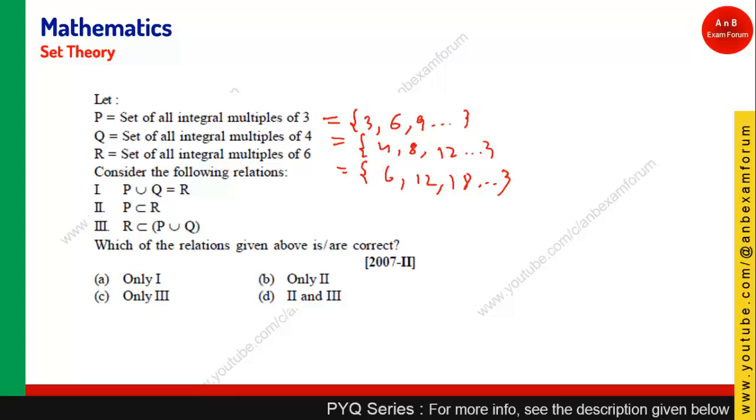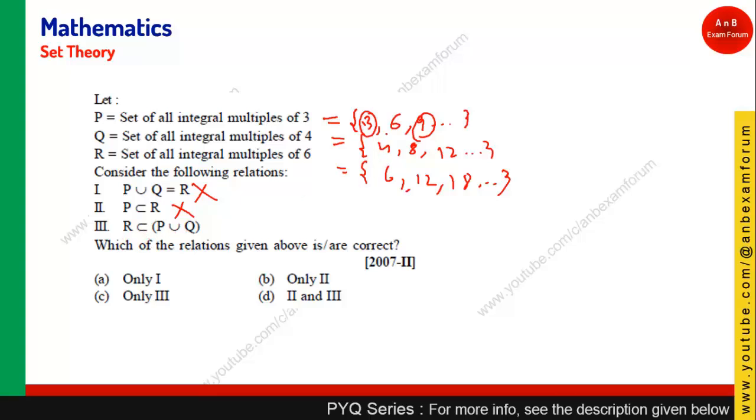Why? Because 3 and 4 are not present in R, so this is incorrect. Is P a subset of R? No. Why is it not a subset of R? Because 3, 9, these elements are not present in that particular set. Is R a subset of P union Q?